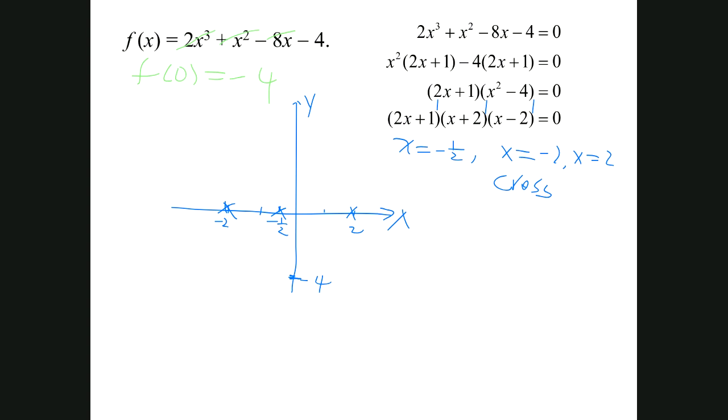Crossing means we're going to go through the x-axis, changing from negative to positive or positive to negative, right? And how does this look? This is going in 2 different directions because it's an odd power. And this is going to start and end in quadrants 1 and 3 because the coefficient is positive. So that's how you look at that in here.